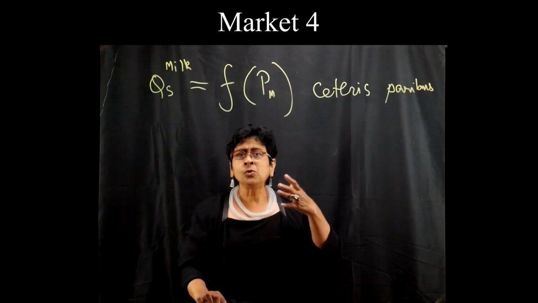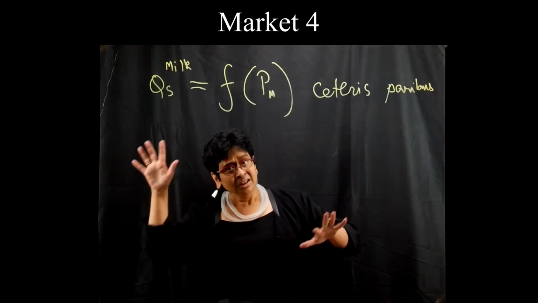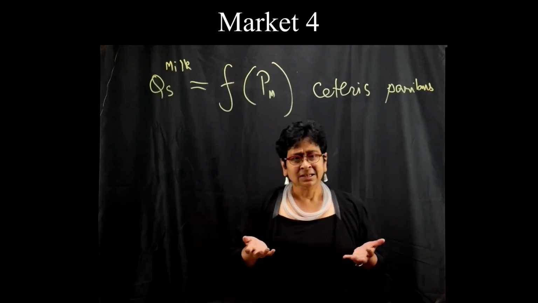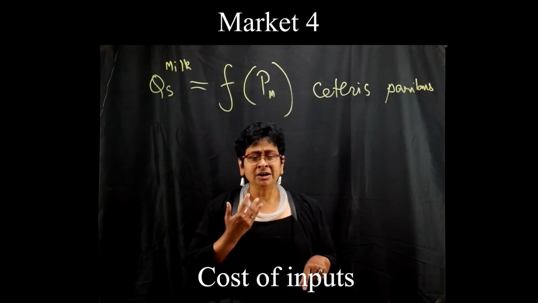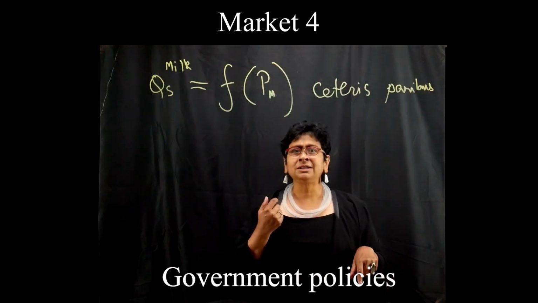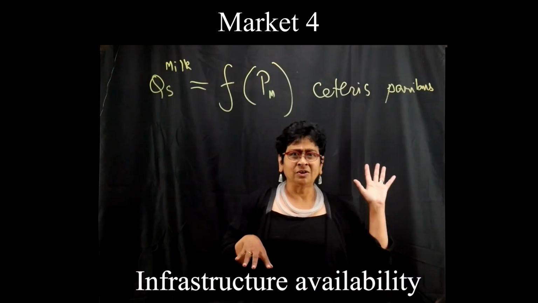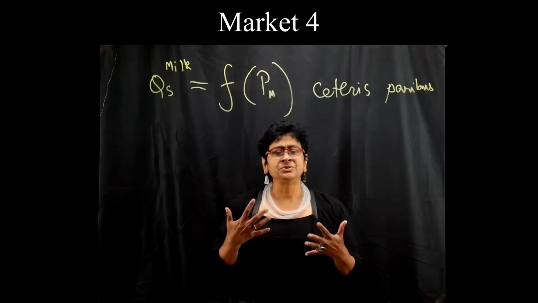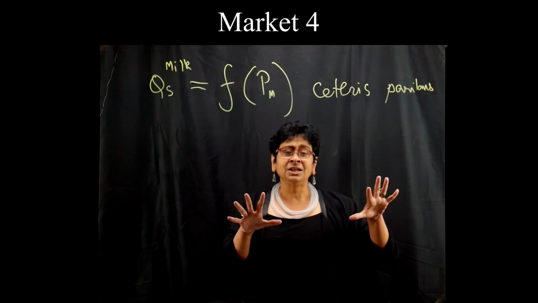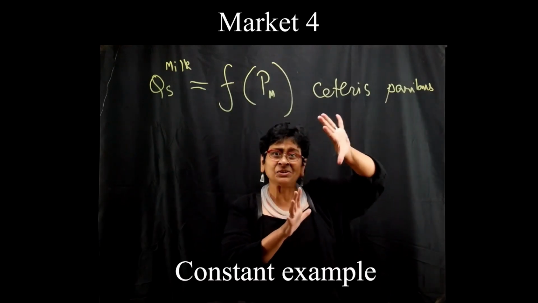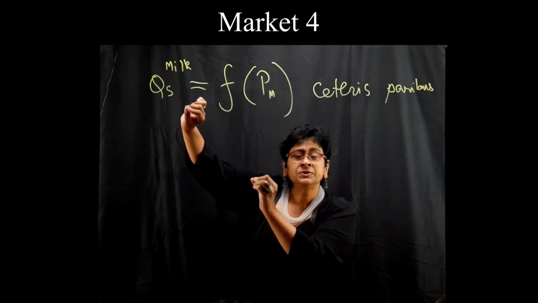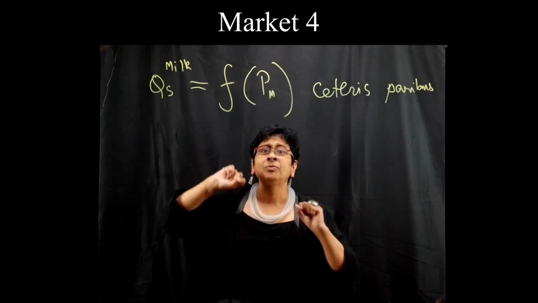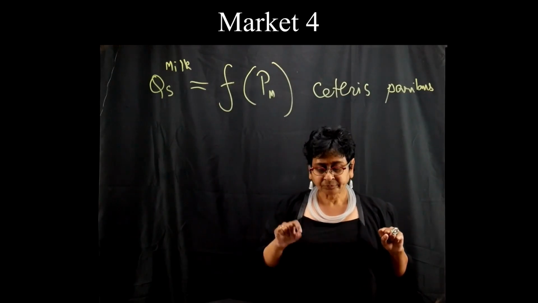What this means is, of course, I know that there's lots of stuff that can determine decision making by a seller: costs of inputs, government policies, infrastructure availability, all of those things might end up changing producer decisions. But essentially, we're going to hold all that constant, and we're going to focus only on producer responses to the price of the good they are selling.